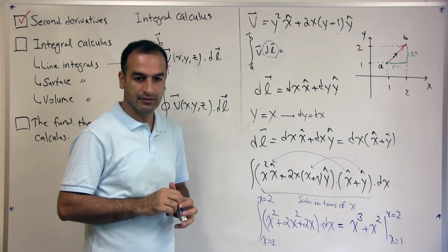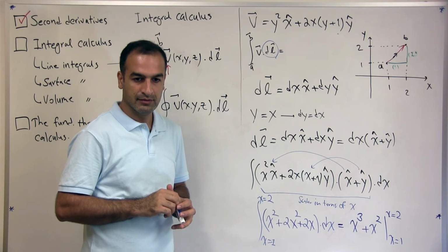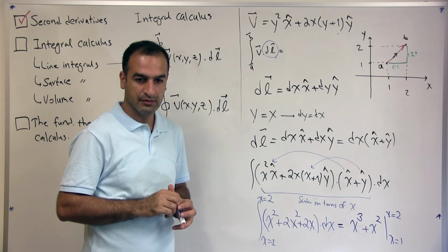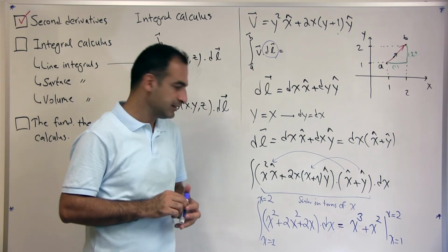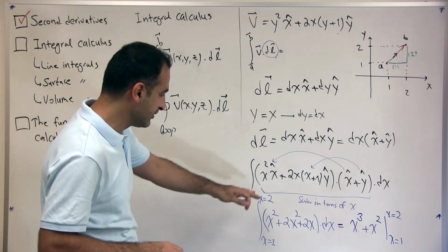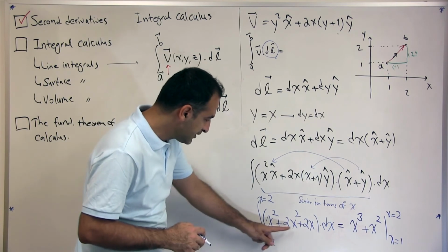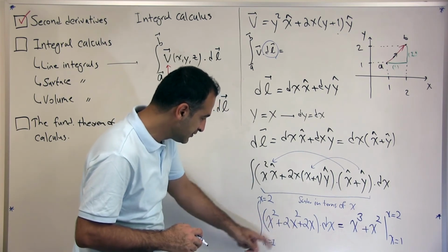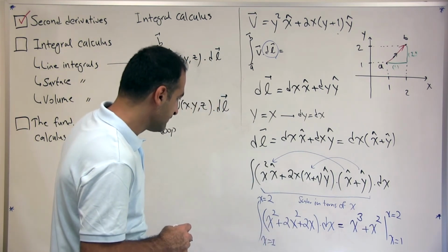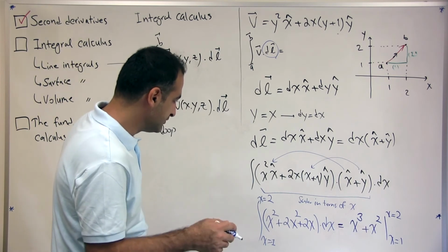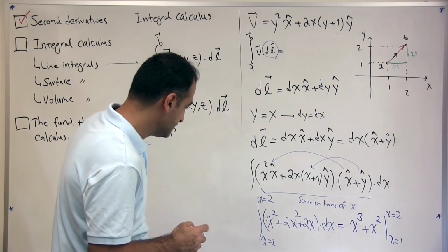Because isn't it supposed to be x cubed divided by 3 plus? Let's look again. Okay, I'm just doing it on board, so there's a good chance I make a mistake too. So we have x2 plus 2x2, okay? So we have inside, we have 3x2, okay?